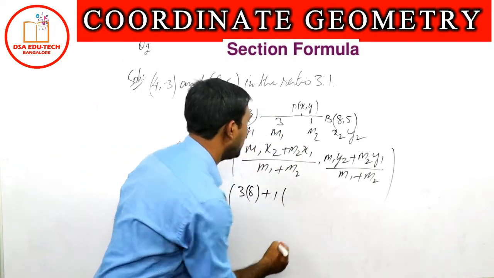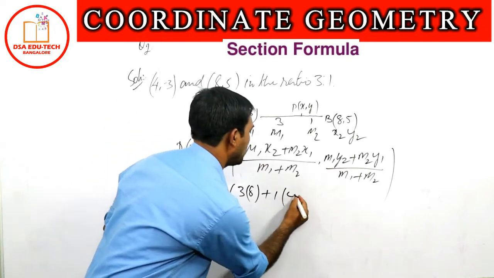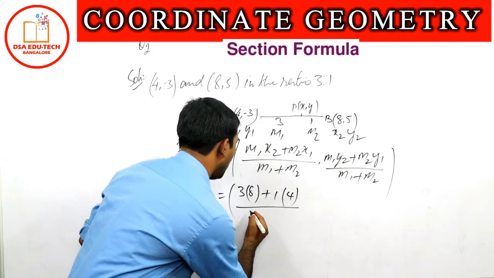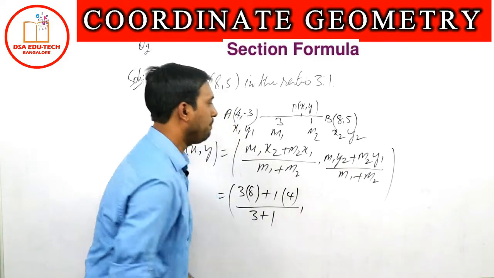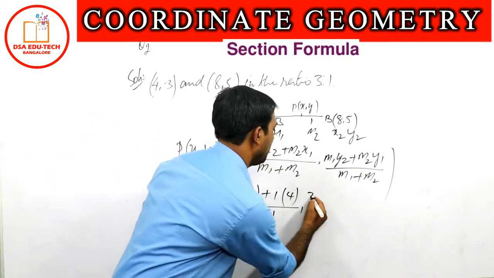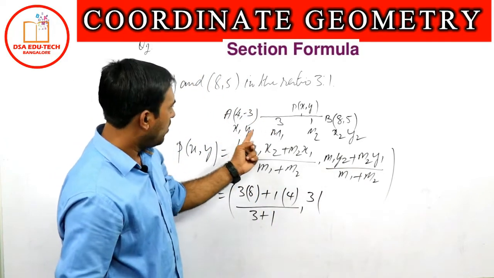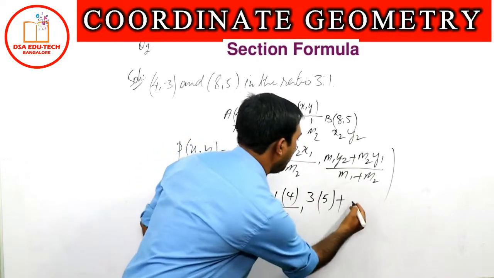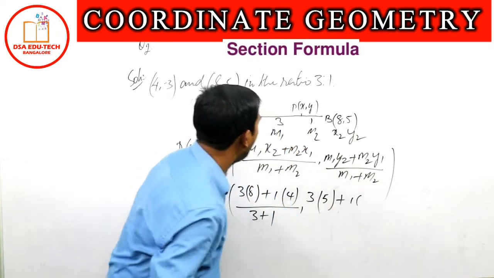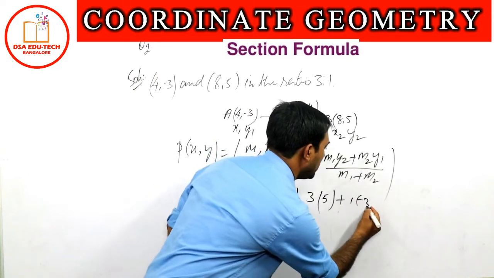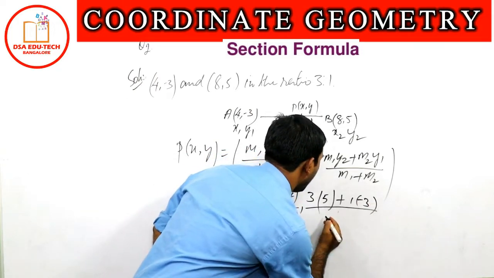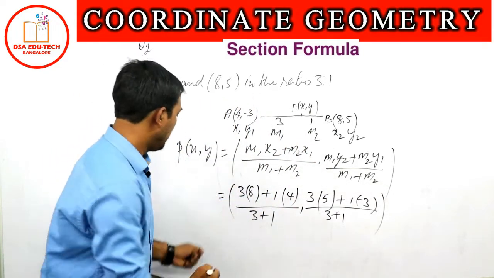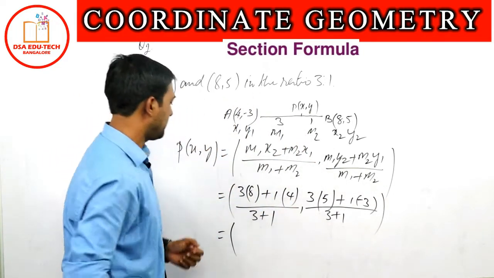So 1 into x1, x1 is 4, divided by m1 plus m2, that is 3 plus 1, comma, m1 3, y2 is 5, plus m2 1 and y1 is minus 3. So minus 3 divided by m1 plus m2, that is 3 plus 1. Clear? Let me simplify further.